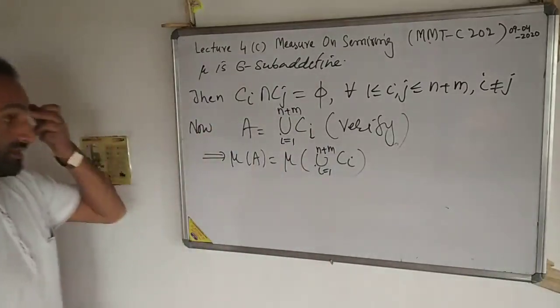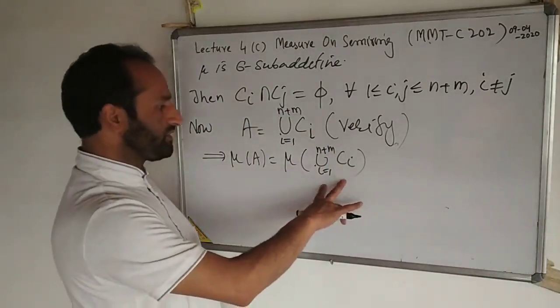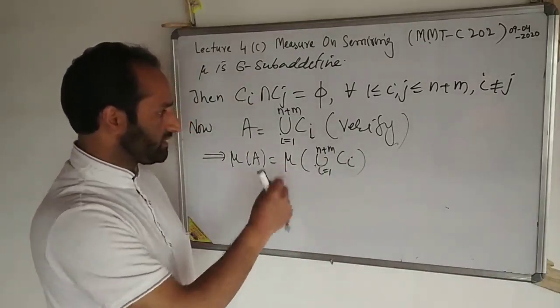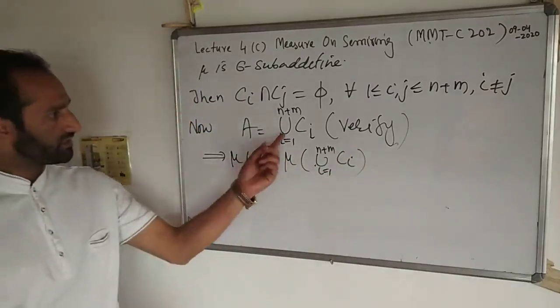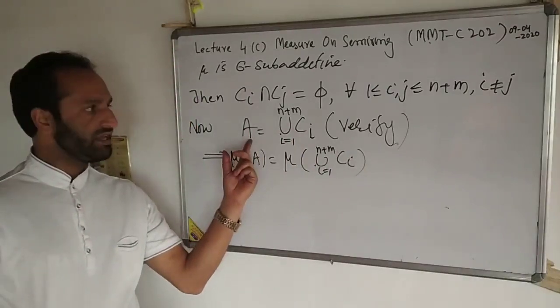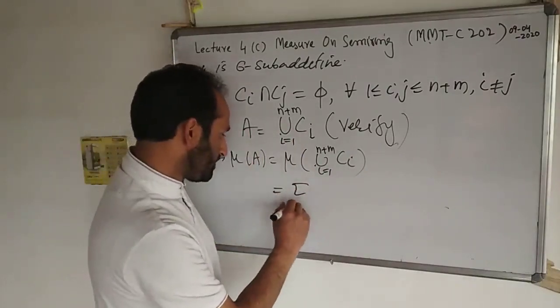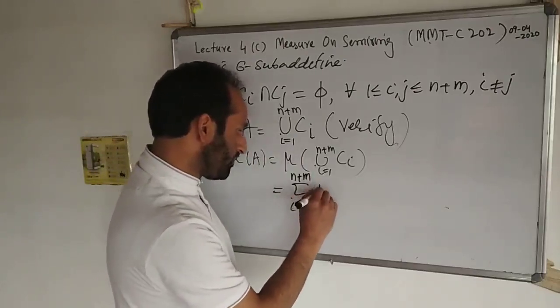So mu of a finite union is equal to the sum of the mu's, where the condition is that this union should be a member of S. But here it is a member of S because this union is equal to A and A is a member of S. So therefore this is equal to the summation, i runs from 1 to n plus m, of mu of Ci.